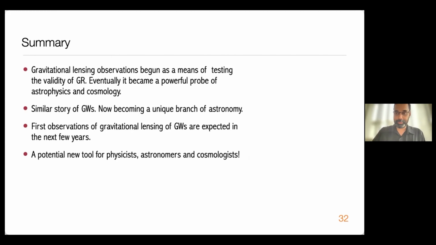And it's a similar story for gravitational waves, and now it has become a very unique branch of astronomy. We expect the first observation of the lensing of gravitational waves in the next few years, and it is very likely to become a very powerful tool for physicists, astronomers, and cosmologists. So let me stop here, and thank you very much.